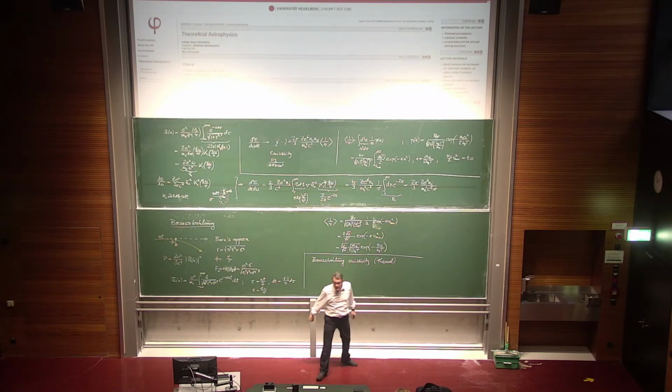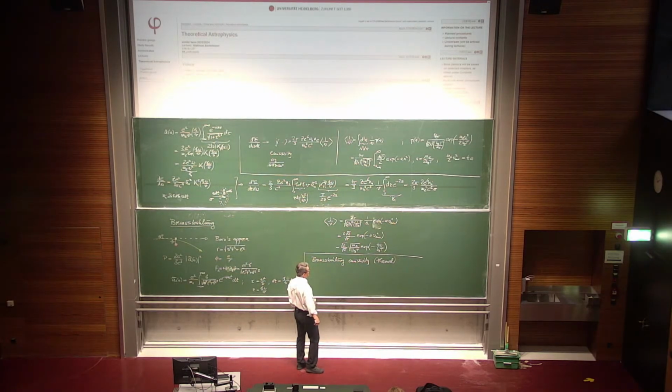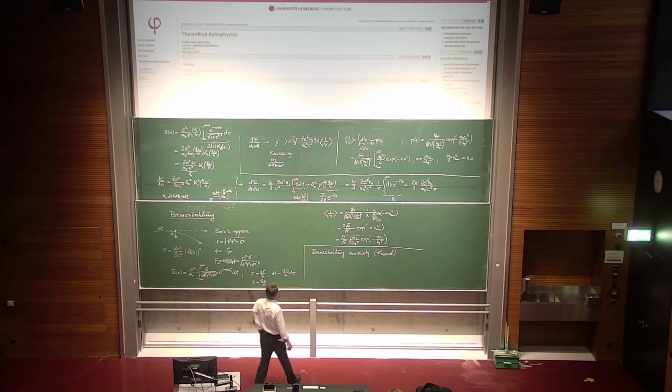Now this is for a thermal plasma at temperature T. We could have done something else, right? We could have used a different velocity distribution of the electrons to integrate over. Then we could, for example, get any kind of non-thermal Bremsstrahlung radiation. But for thermal Bremsstrahlung radiation, we get a very characteristic result that's very often used in astrophysics.